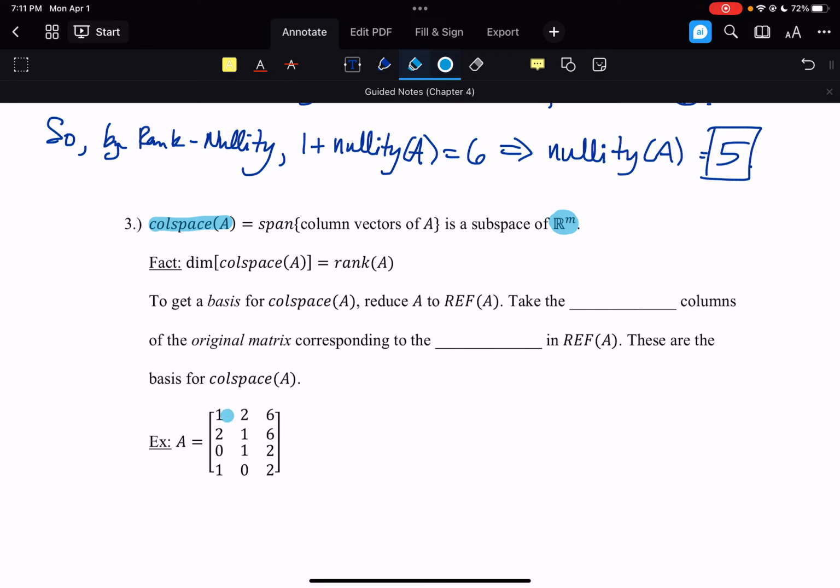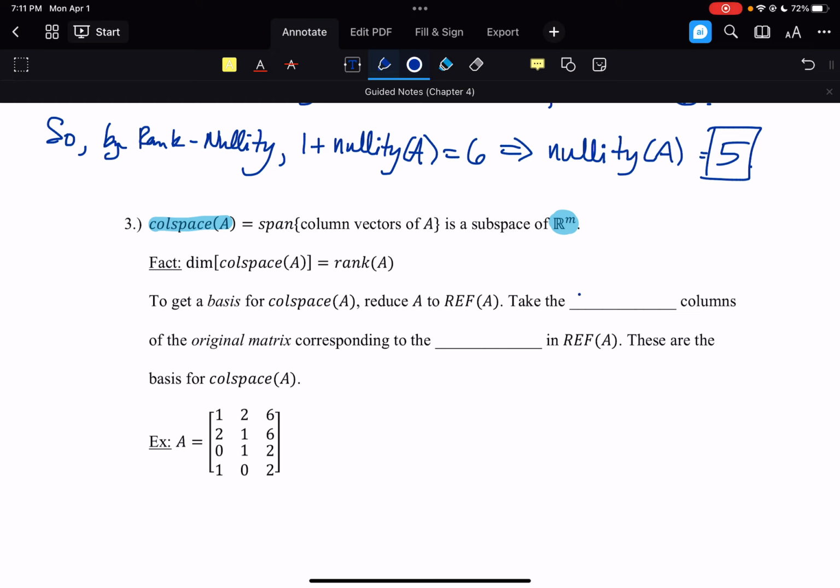Okay, so again, with this matrix, the row space was a subspace of R3. The column space will be a subspace of R4, because there's 4 components in each column. It corresponds to the number of rows. So to get a basis for the column space, we still reduce A to row echelon form.